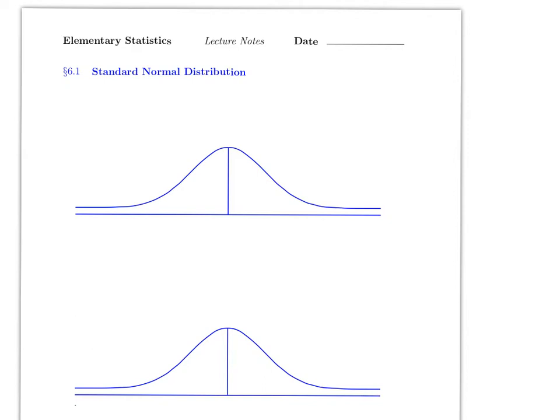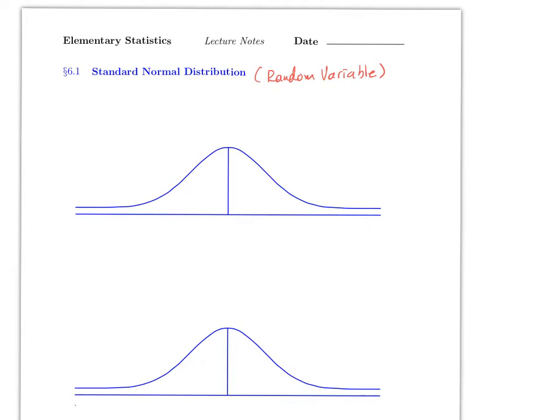Hello everyone. This video covers section 6.1, the standard normal distribution or random variable. This distribution is probably the most important one in the whole class, since the whole class is based on this at some level.